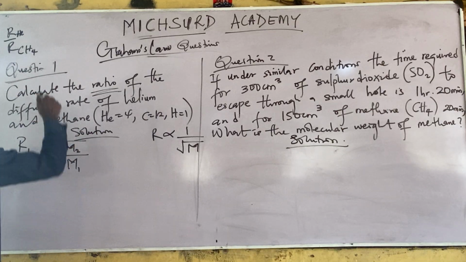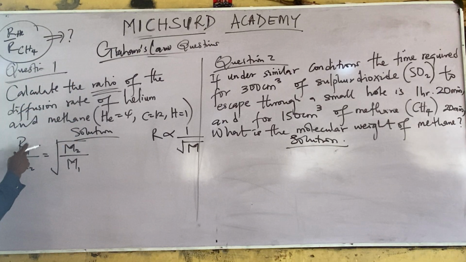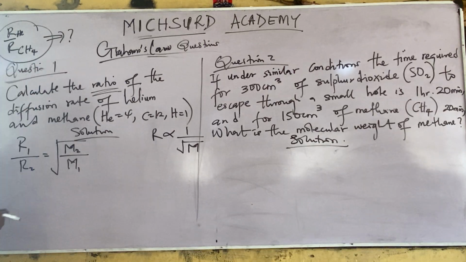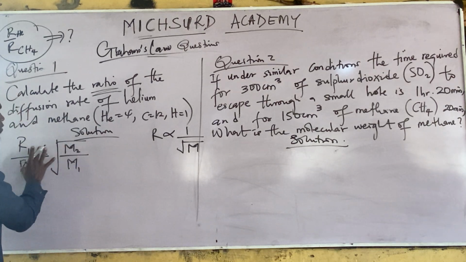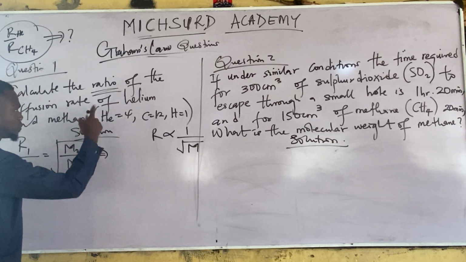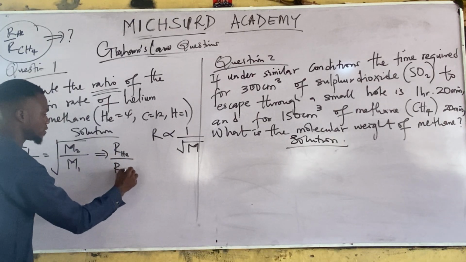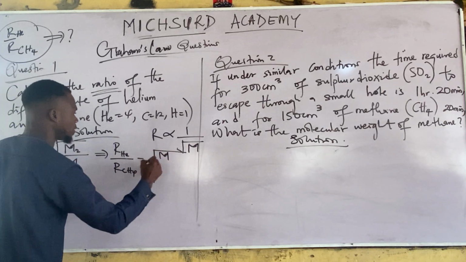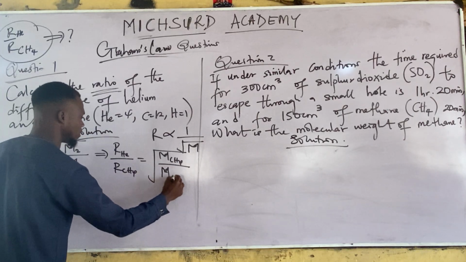Our R1 is that of helium and our R2 is that of methane. Written with symbols, we have the rate of diffusion of helium over the rate of diffusion of methane, equal to the square root of the molecular mass of methane over the molecular mass of helium.